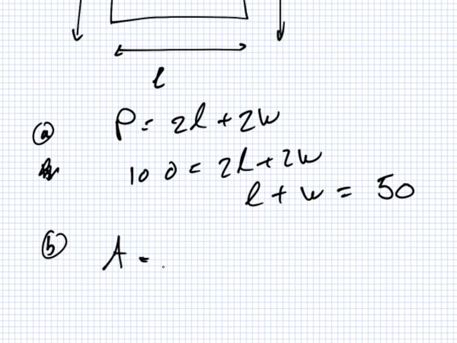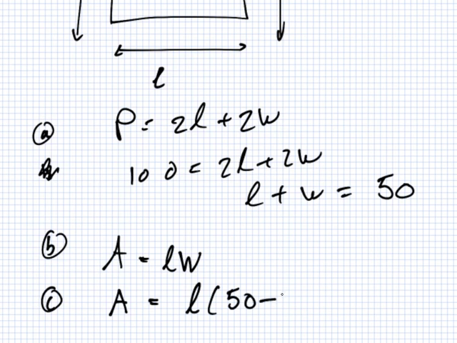The area is LW. And C, express the area as either L or W only. So that would be L by 50 minus L. If I just take this, I can get W, it's 50 minus L. That's 50L minus L squared.